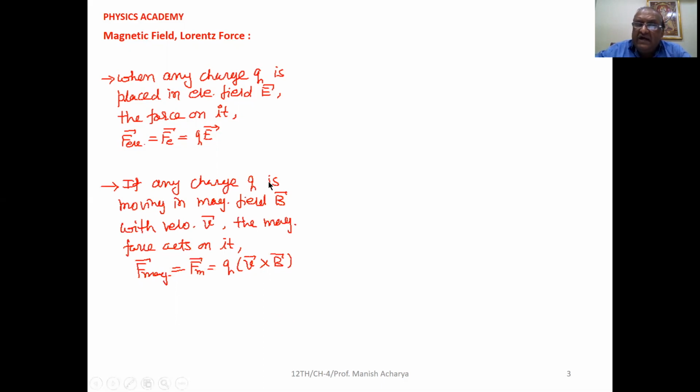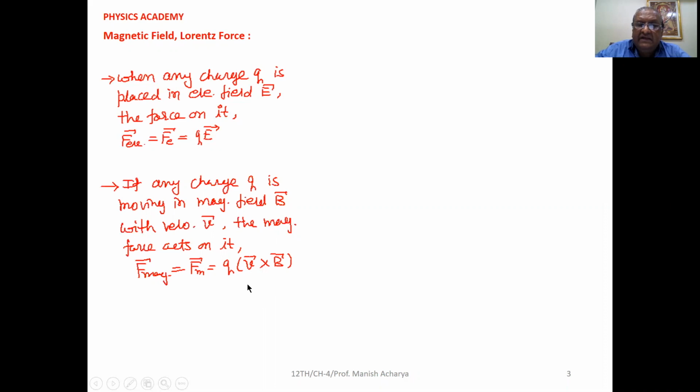So if any charge Q is moving in the magnetic field B with velocity V, then the magnetic force acting on it is given by the equation F magnetic, or we can write Fm, that is Q into V cross B.